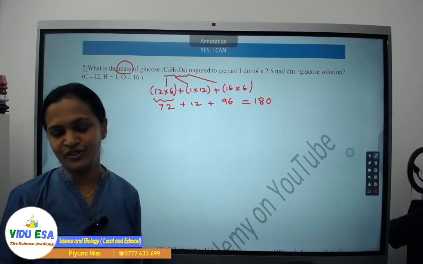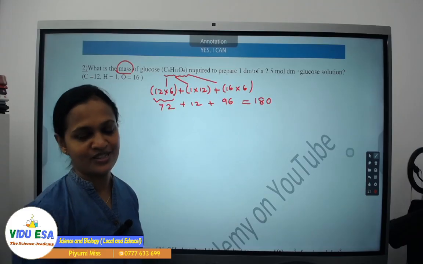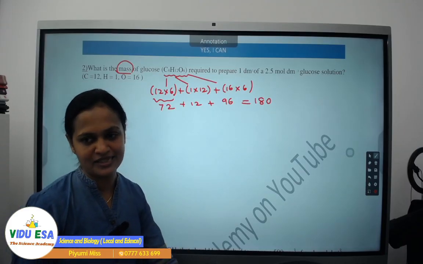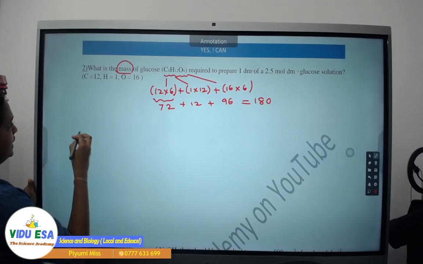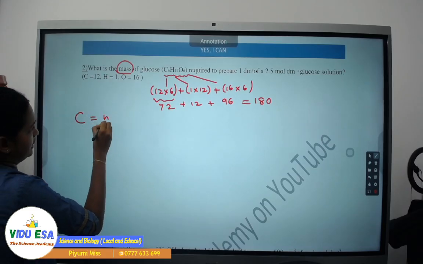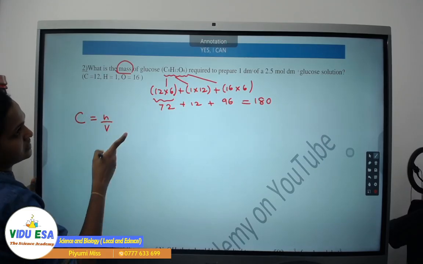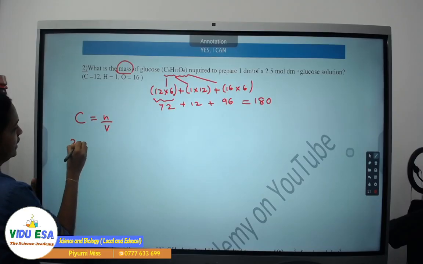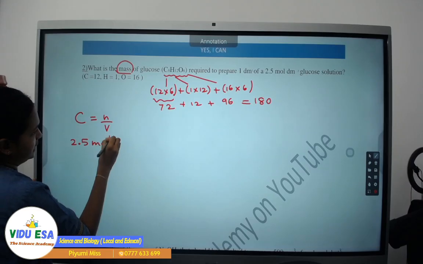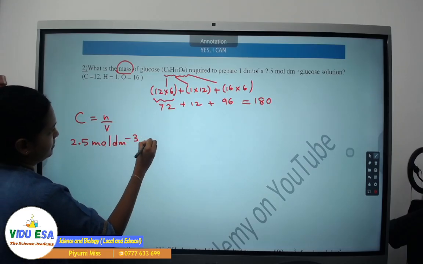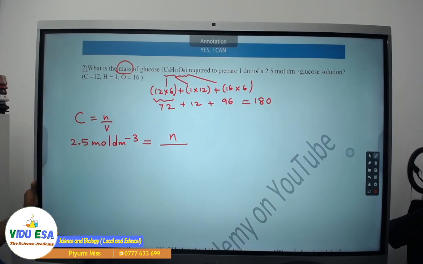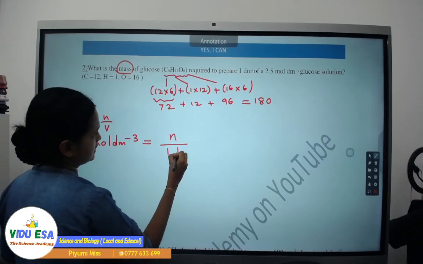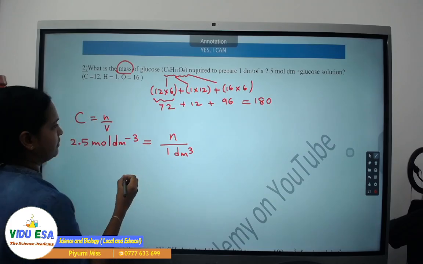The relative molecular mass is 180, so once you take the relative molecular mass in grams, that is equal to the molar mass. Now we start with C equals N over V. C is given as 2.5 moles per cubic decimeter, the number of moles we don't know, and the volume is given as 1 cubic decimeter.